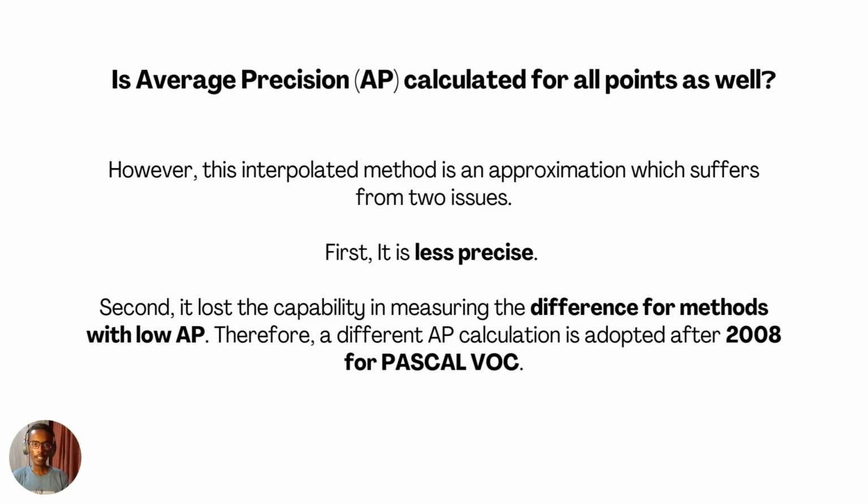The 11-point interpolated method suffers from two issues. The first was that it was less precise. The second was that it lost the capability of measuring the difference for methods with low average precision. So a different average precision calculation was adopted in the 2008 Pascal VOC.